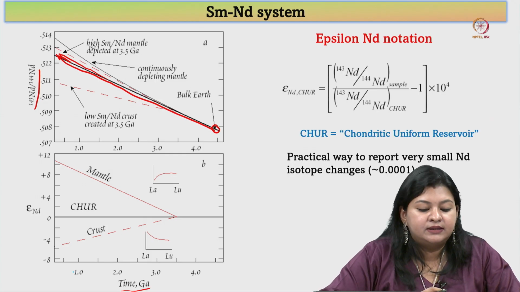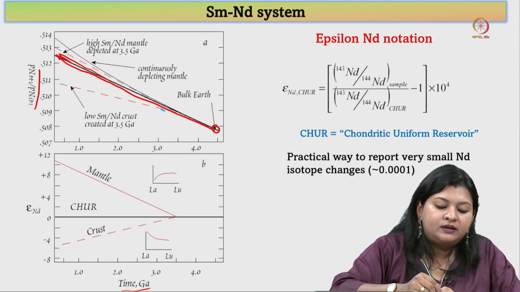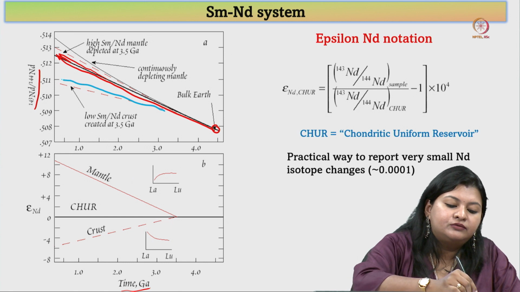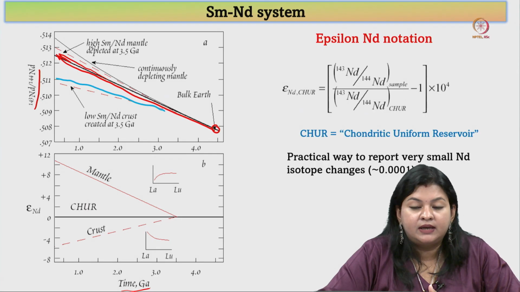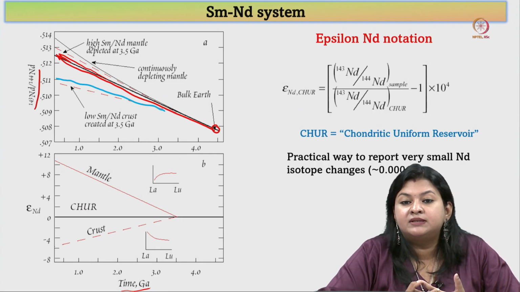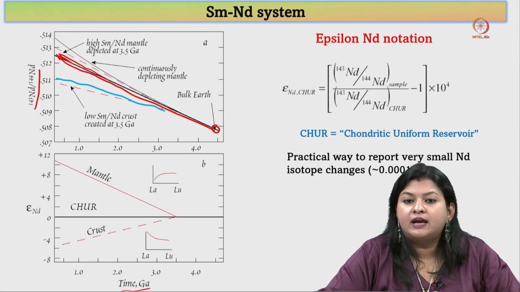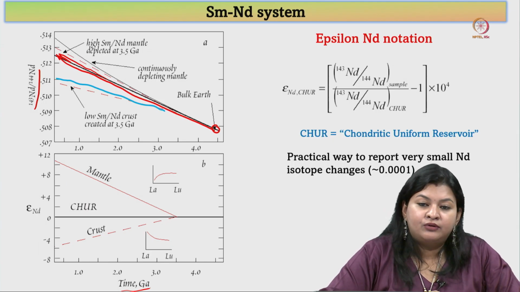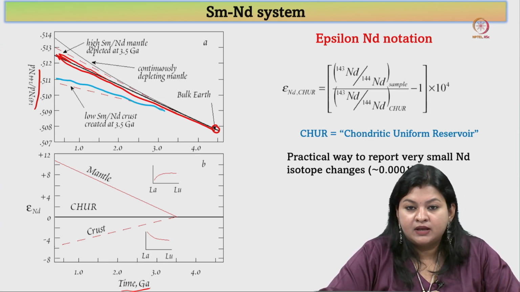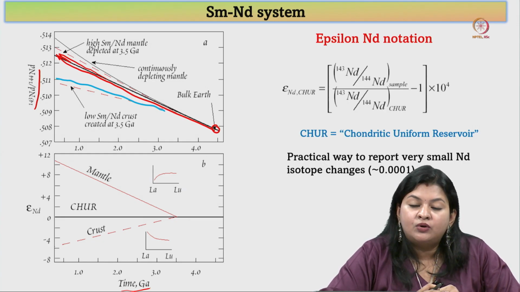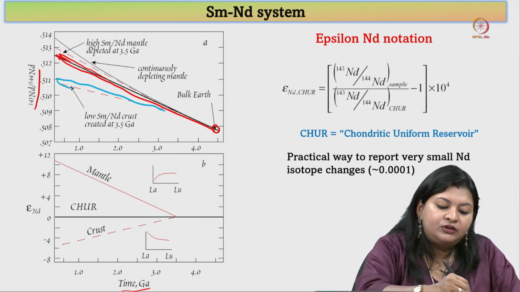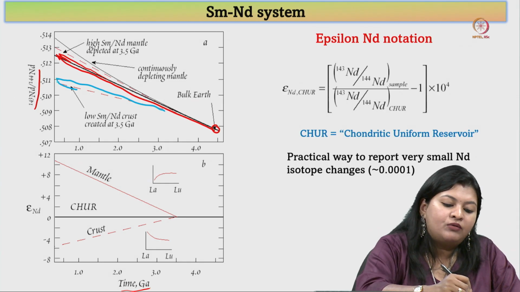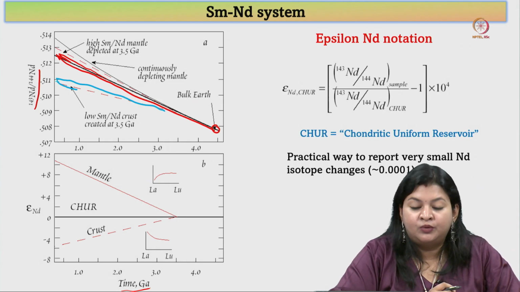But earth got differentiated, and earth now has different crust and mantle signatures. When the crust got formed, it started having lower samarium. It did not have much samarium because samarium is a compatible element. So, during the differentiation, our crust started with a very low samarium concentration, and therefore the neodymium isotope ratio of the earth's crust is also low.